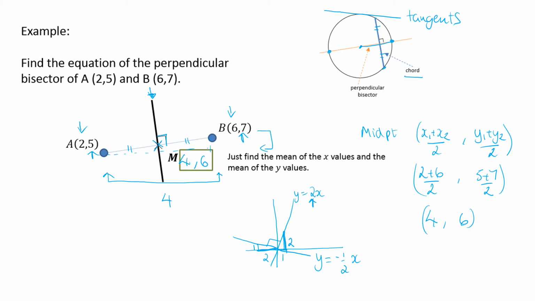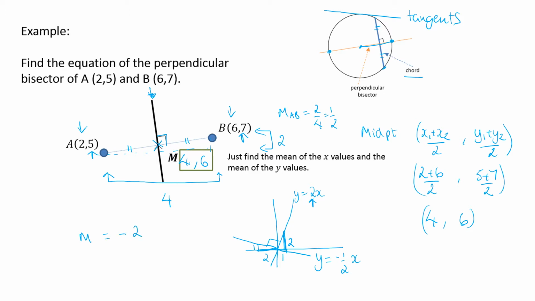Vertically, to go between 5 and 7 is 2. So the m of the line AB is going to be 2 over 4, which is a half. So the m of the line we're after, the perpendicular bisector, is going to be minus 2.